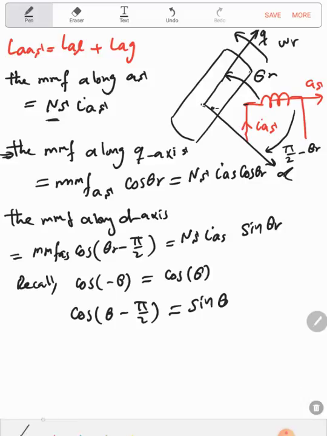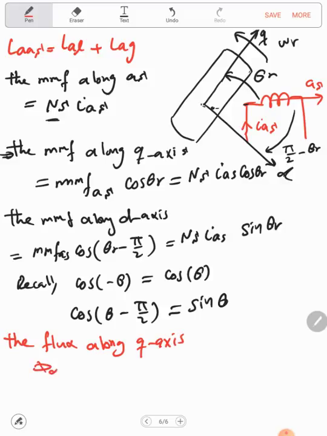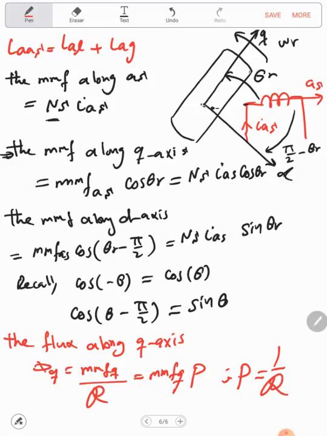So here we can write the flux along the q-axis, which is phi q, will equal the MMF of the q over the reluctance, which will equal to the MMF of the q multiplied by the permeance, where the permeance is equal 1 over the reluctance, and P here stands for the permeance.